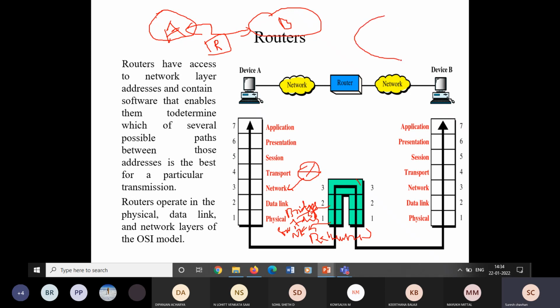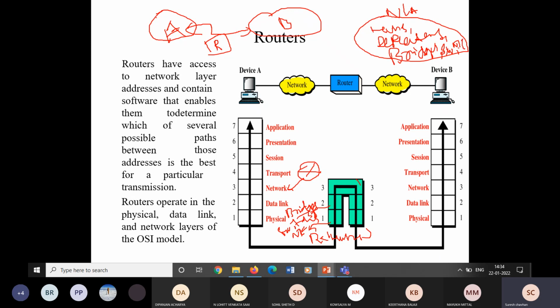So in general, this is one network A. In network A, we will have hubs, repeaters, bridges, switches, and lastly the network interface card.